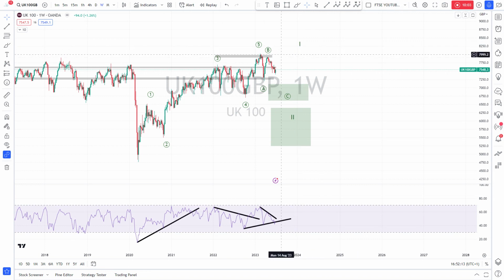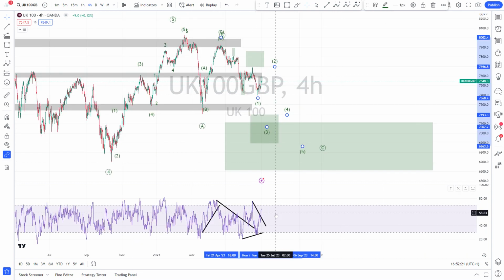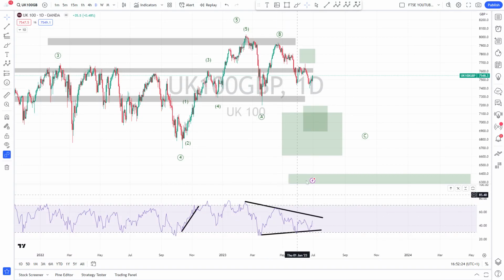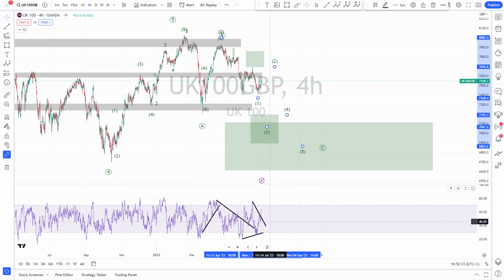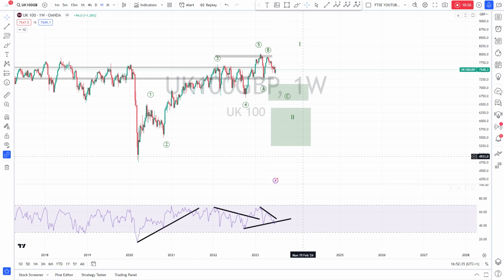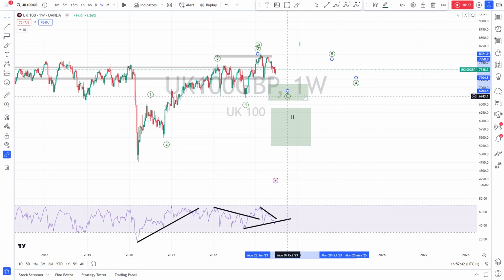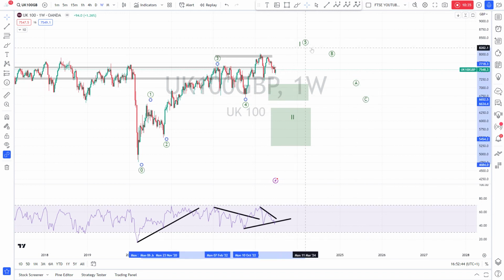And I started to consider this scenario because, you see it better in the daily, we get some sort of triangle structure. So a bullish scenario could be that the high was not in yet, and that we do something like this.